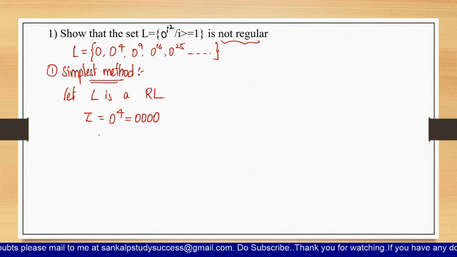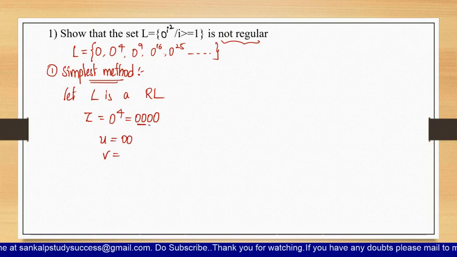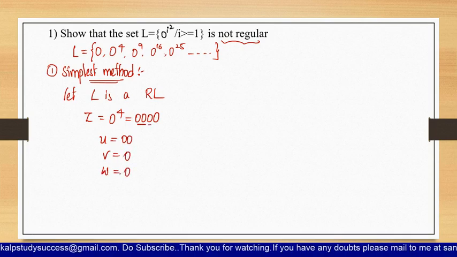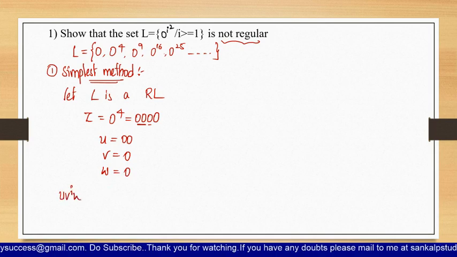Now you need to decompose this Z into U, V and W, where let me consider U as these 2 zeros, V equals the remaining 0 and W is another 0. So now we are going to find U, V power I and W. Now let me consider I equals 2.